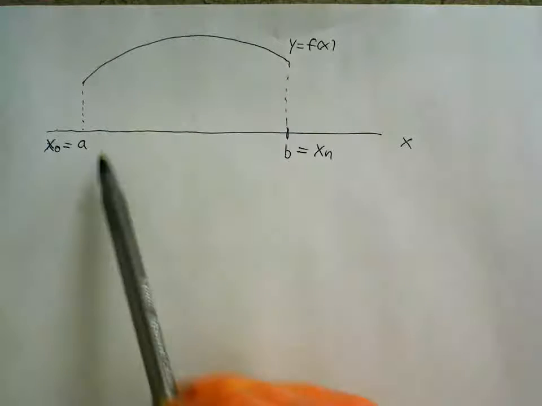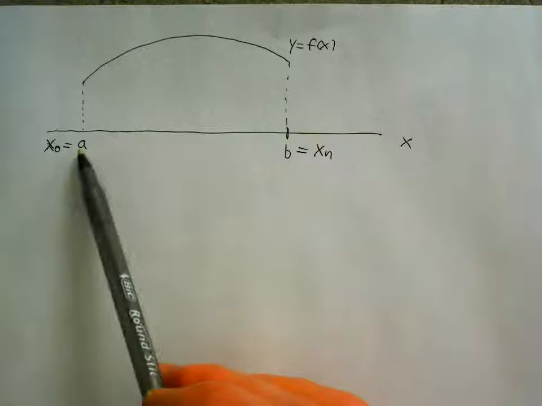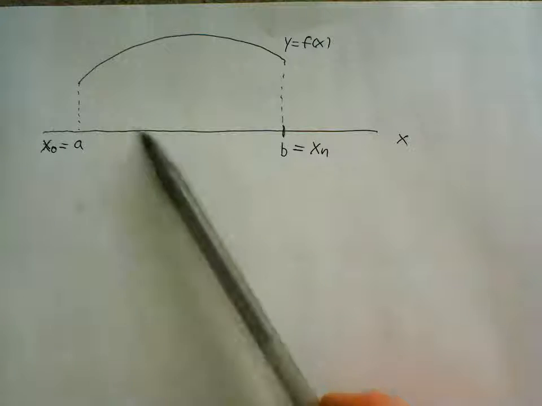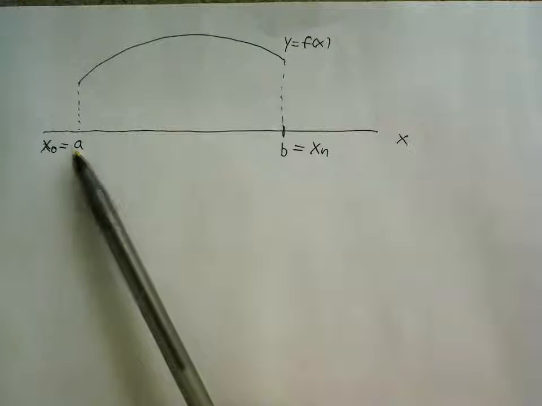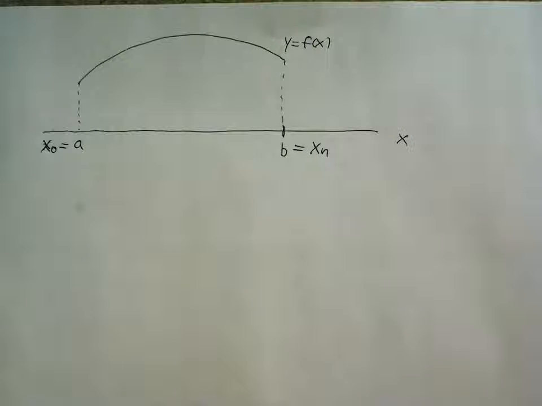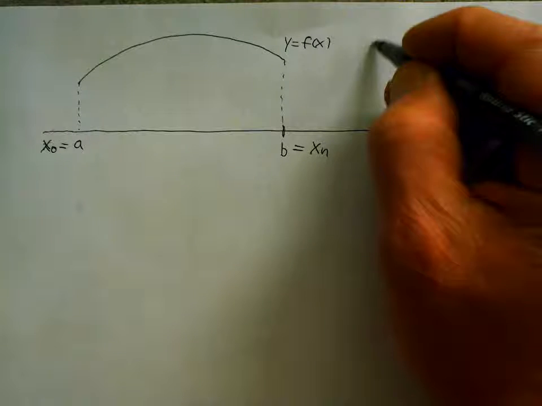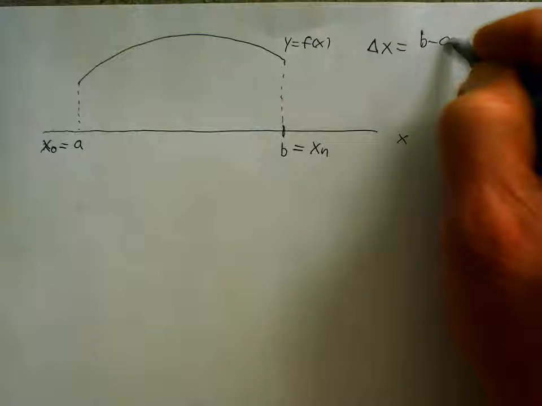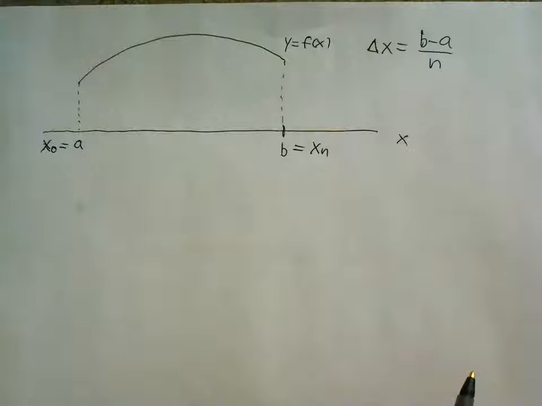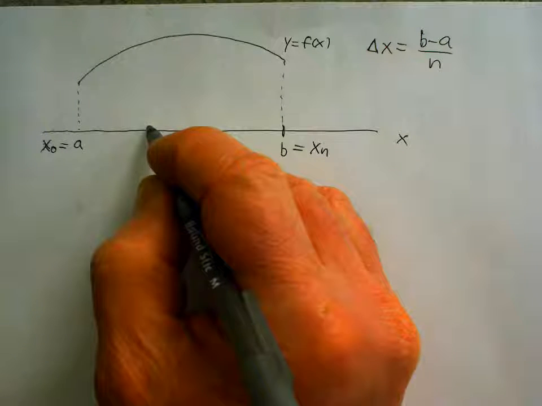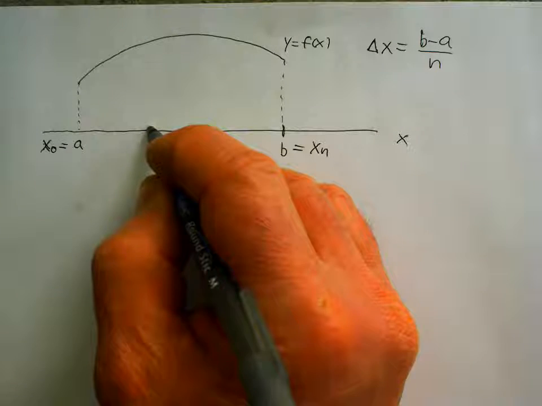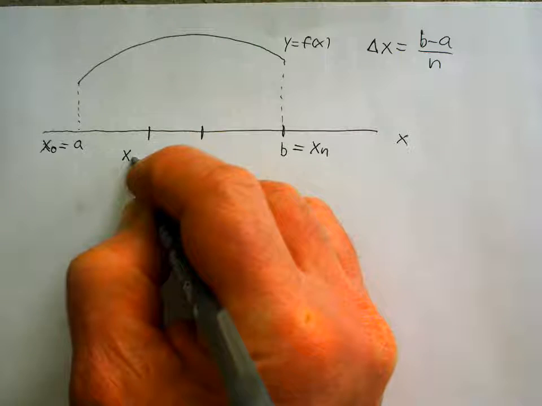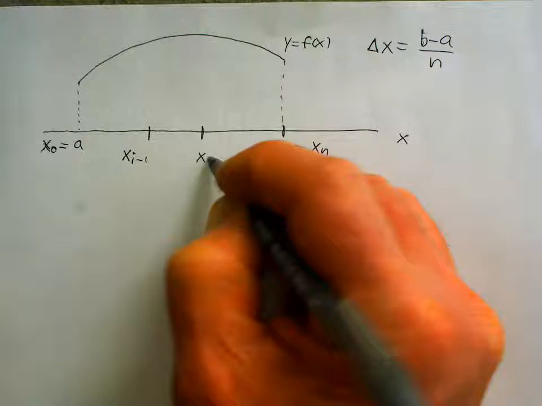So as usual, since we want to find the centroid of this entire region, we're going to subdivide the interval from a to b into n subintervals, each of length delta x. So delta x is b minus a divided by n. And we'll focus on just one of the subintervals, from x sub i minus 1 to x sub i.